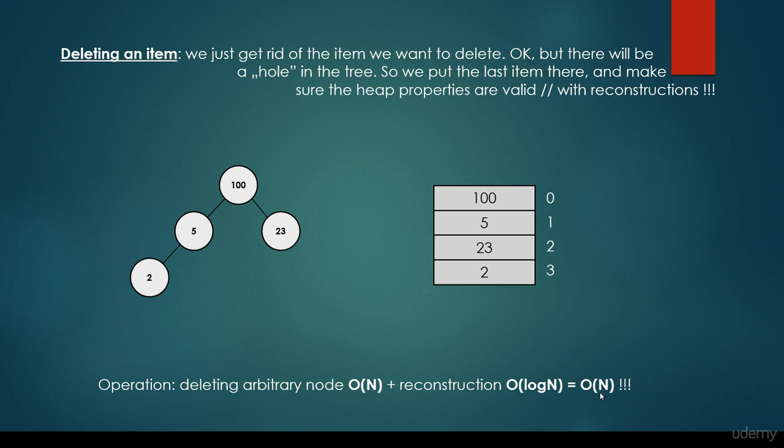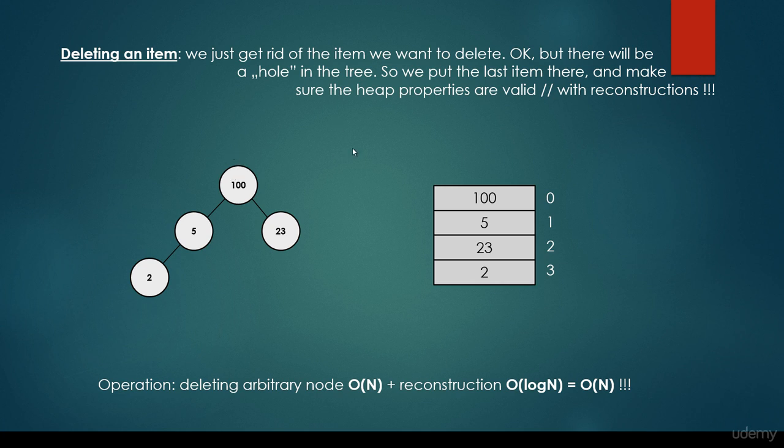But basically, we usually don't implement removing an arbitrary item from a heap data structure. Usually, the remove operation is going to get rid of the root node no matter what. This is why heaps have come to be. This is the purpose for this data structure, because we know that the maximum or the minimum item is at the root node, and usually we would like to get rid of the maximum or the minimum item.